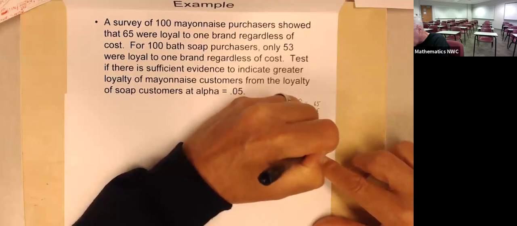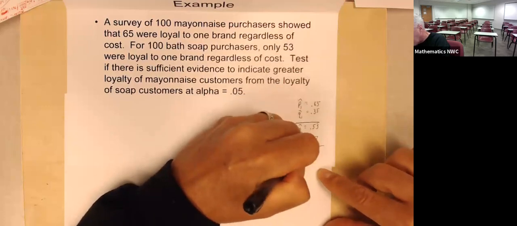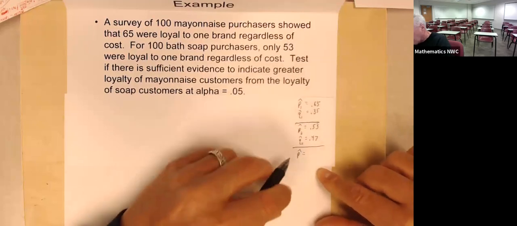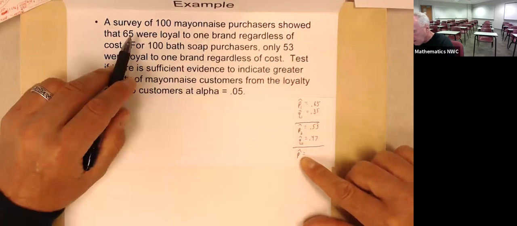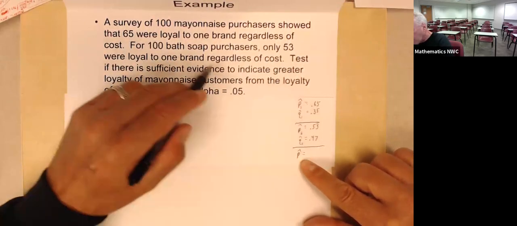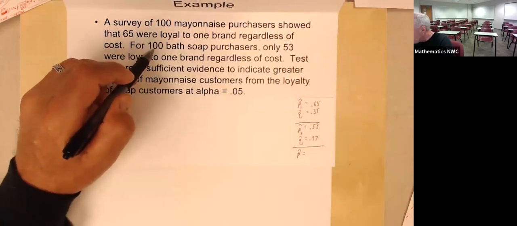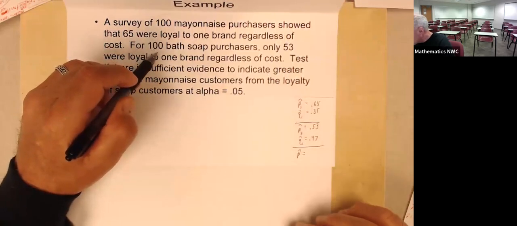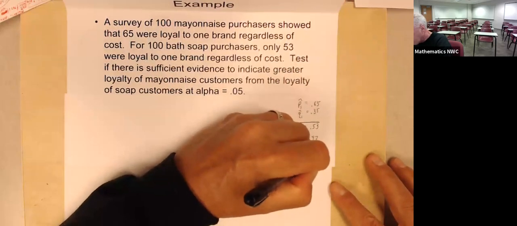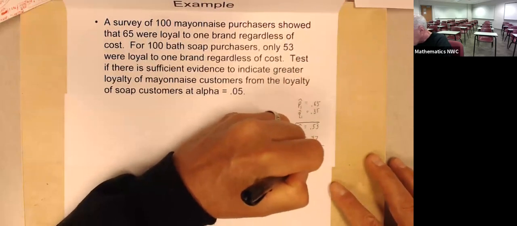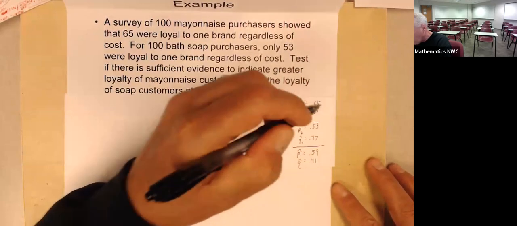Q2 hat is the complement, 0.47. P hat general is 53 plus 65 over 100 plus 100. And if you do that, you end up with 0.59. Q hat is the complement, 0.41.